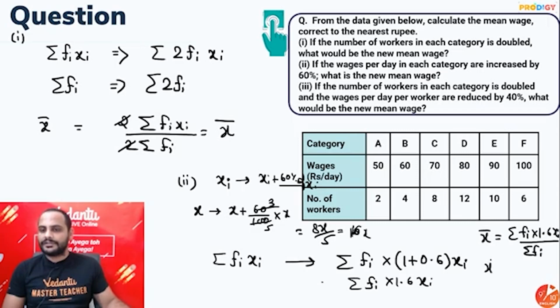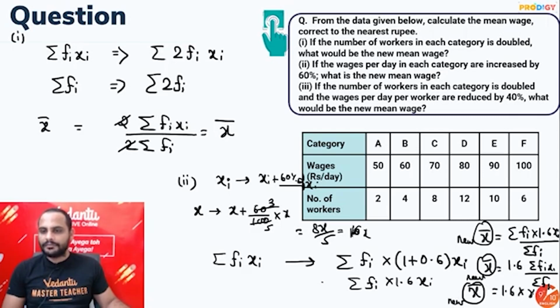Frequency, there is no change. So 1.6 if I take common, I'll get the previous mean only. So this new mean, okay, I'll write it new. So the new mean will be 1.6 times of the previous mean.